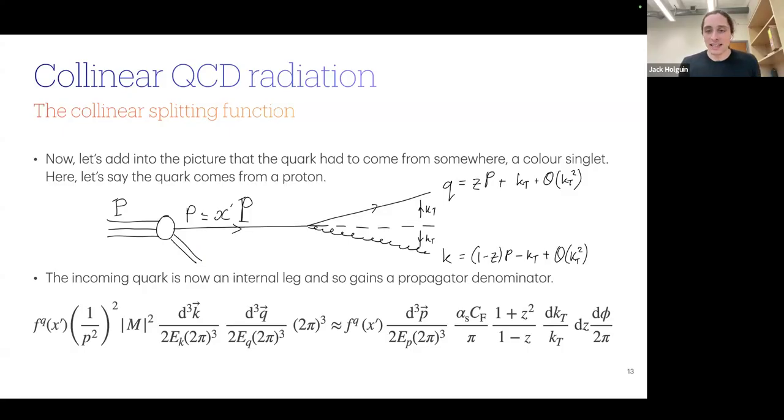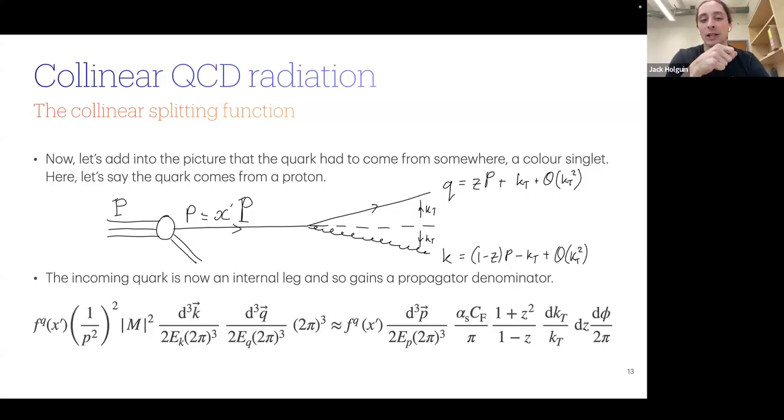So let's embed this calculation I've just described inside a physical process. So the quark has come from a proton. This is needed because otherwise the diagram wouldn't be gauge invariant on its own. But because a proton is color neutral, this now is a gauge invariant Feynman diagram. And in doing so, we get the matrix element we had before, this M squared, times the phase space for the particles, times this f on the left-hand side, which is the parton distribution function for the proton.